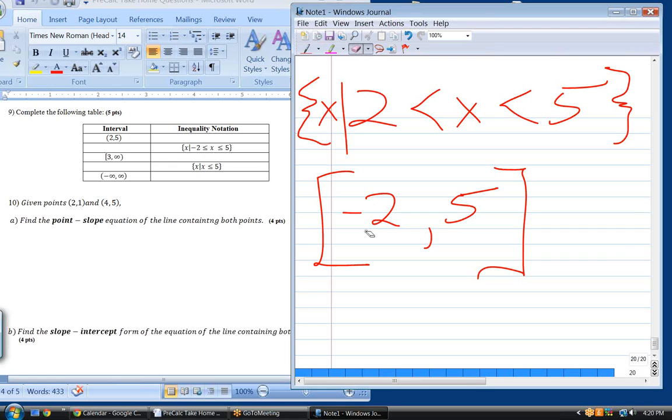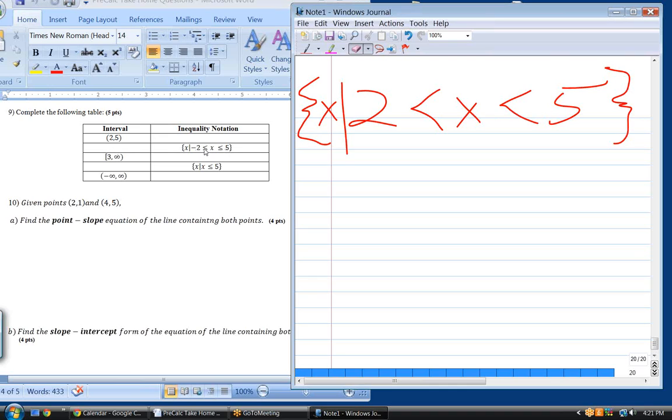So let's do the third one. Did we use brackets for both of them? No. The first one had parentheses on it, so I used greater than and less than. Remember, this one, they're giving us the inequality notation, and we have to give the interval notation.